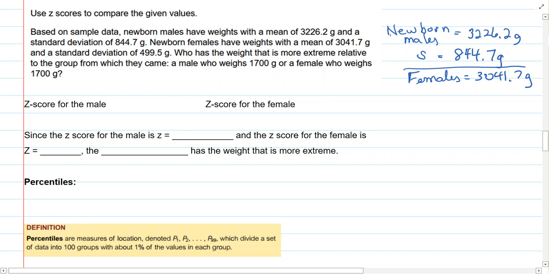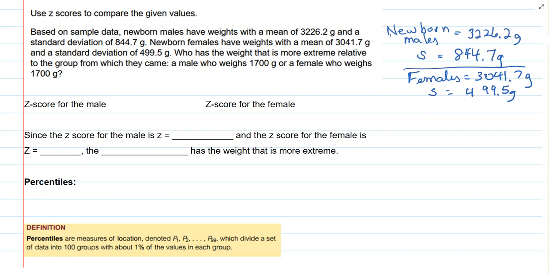A little bit smaller, aren't they? And a standard deviation that's kind of high, isn't it? With a standard deviation of 499 and 5/10 grams. Who has the weight that is more extreme in the group from which they came? A male who weighs 1,700 grams or a female who weighs 1,700 grams.